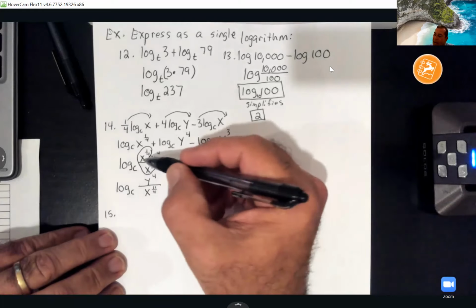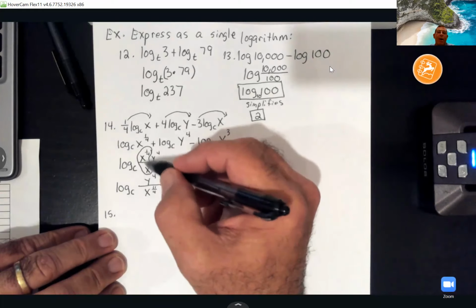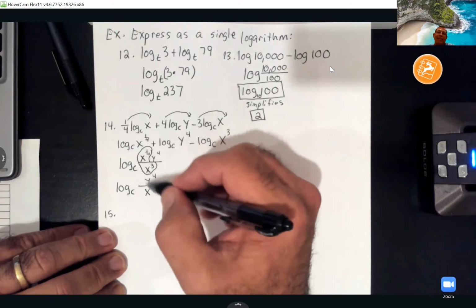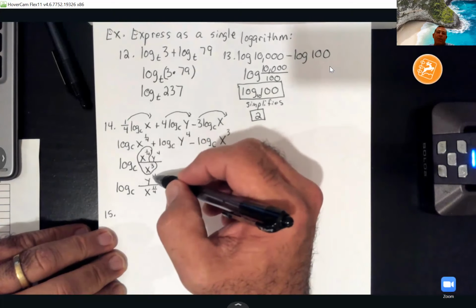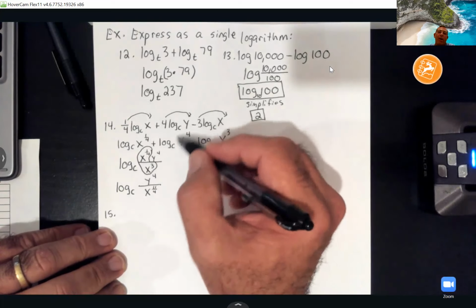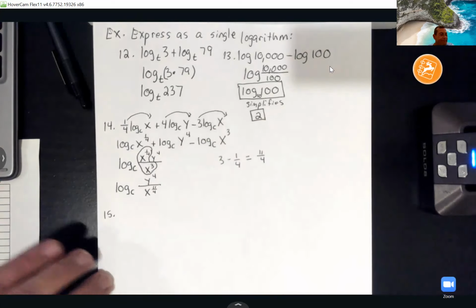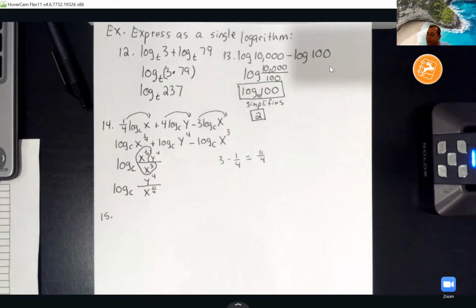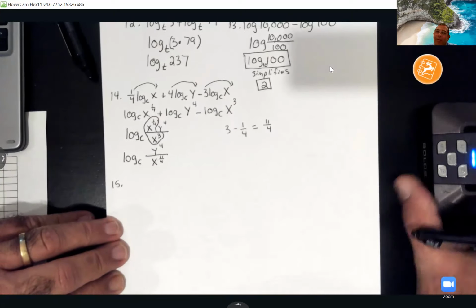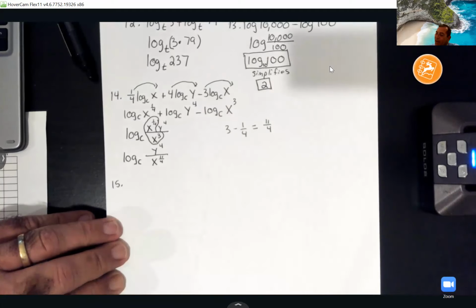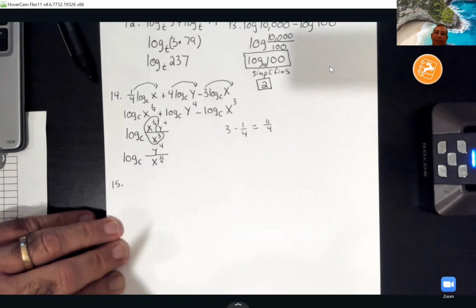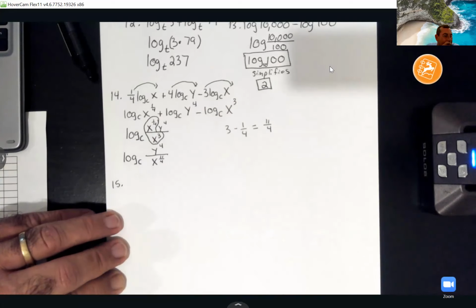And see, that's how I ended up with an x on top and then an x on bottom. And I had to simplify those x's out to get that single x on the bottom with 11/4. And then all that was left on my top was that y to the 4th. So yeah, they're tricky, but a lot of this has to do with simplifying the final answers, okay?